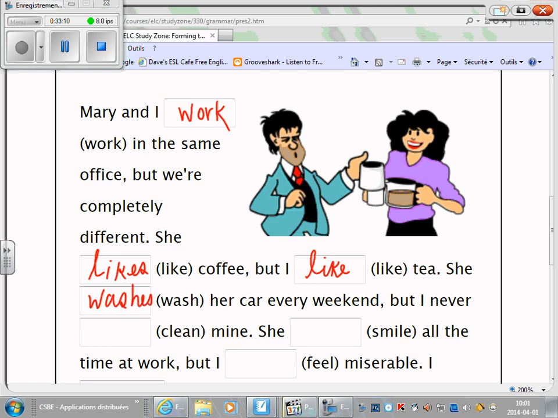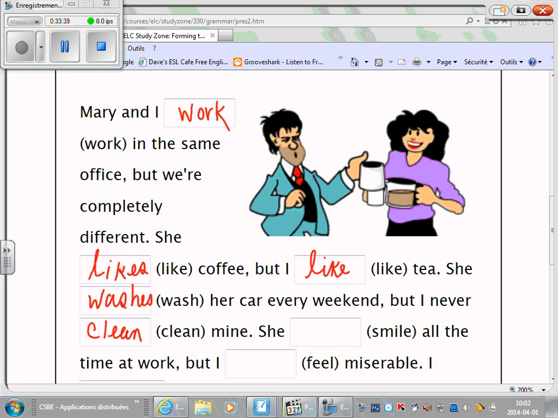She washes her car every weekend, but I never, it's like a habit, that's negative. I never clean mine. So I never clean mine. No S. Why no S at clean? Because the subject is I. It's not easy. Okay.